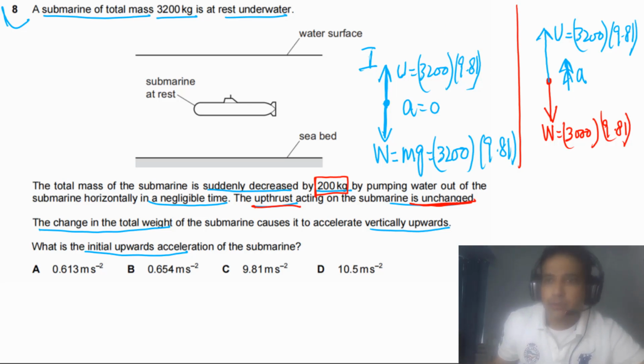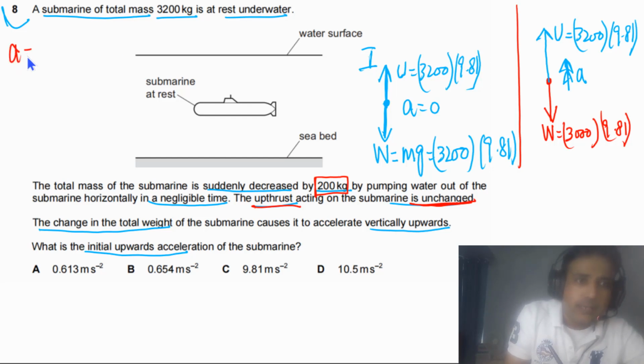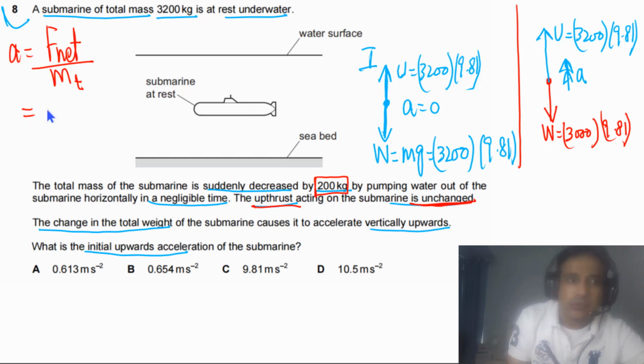In order to calculate a, we can write that a has to be equal to the net force on the submarine divided by the total mass of the submarine, m total. Net force is the difference between these two.